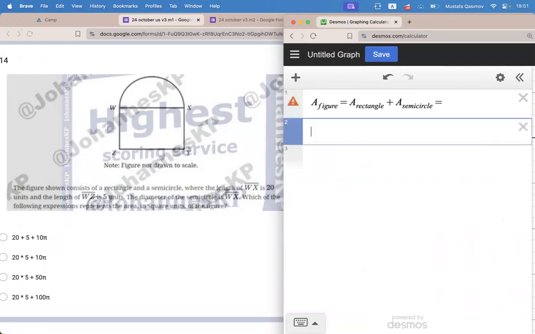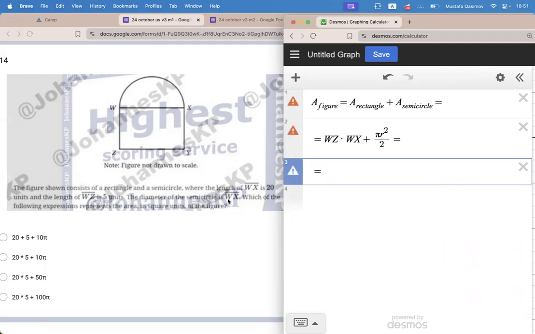Then let's write it like that. The area of the rectangle is equal to WZ multiplied by WX, plus the area of the semicircle, which is equal to P R squared over 2.